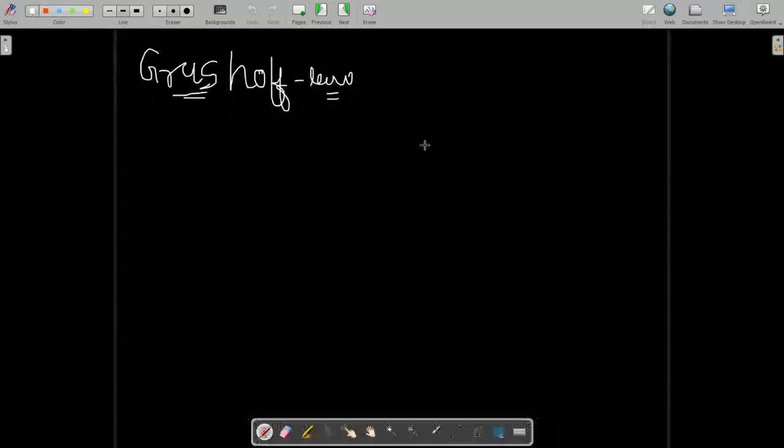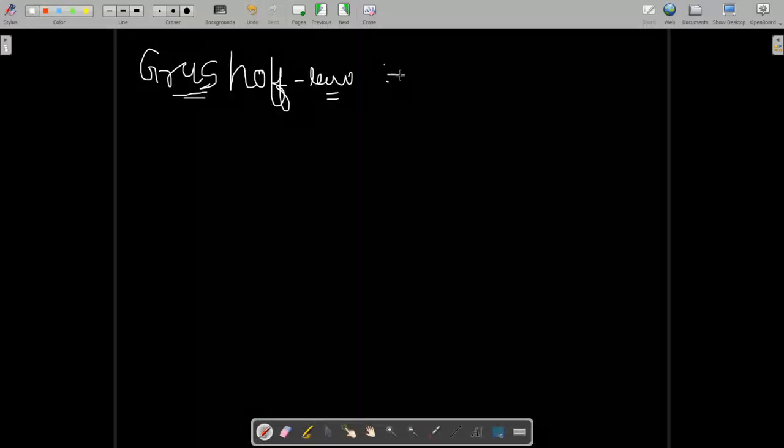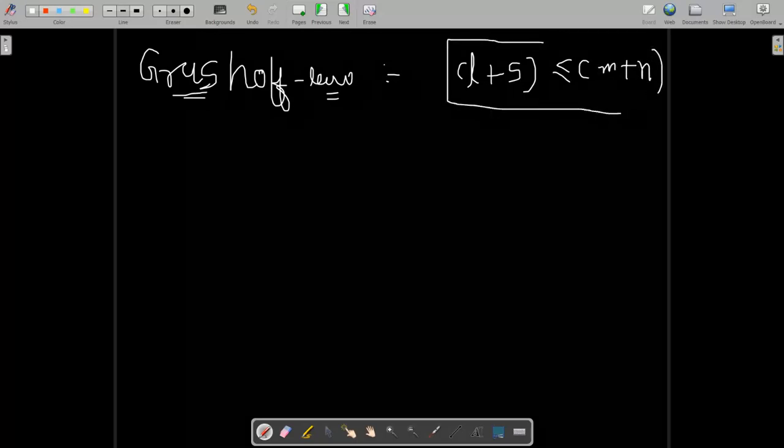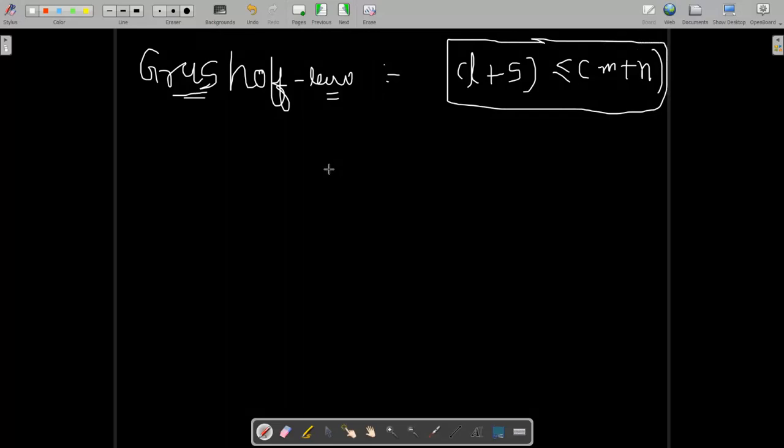So as per Grashof's law, for one complete revolution of the shortest link, the length of the longest plus the shortest link should not be more than the sum of the remaining two, like M and N. This is Grashof's law for the complete revolution of the shortest link.